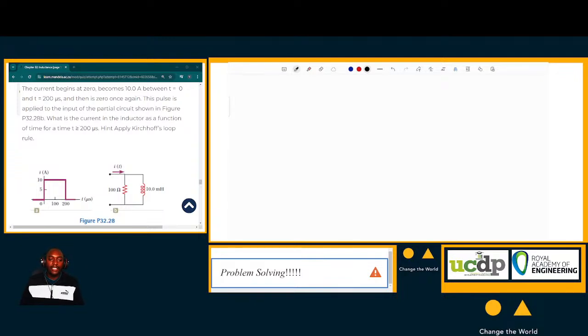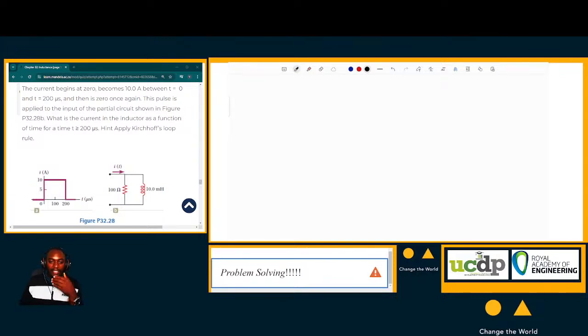There is the pulse at time t equals 0. It's at 0, and then it rises to 10 until 200 microseconds, then it goes to 0.